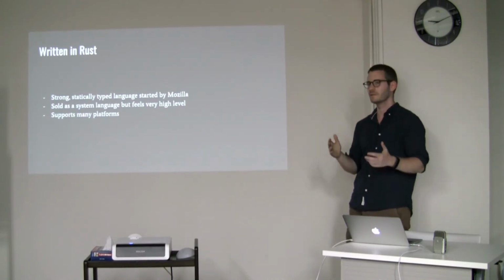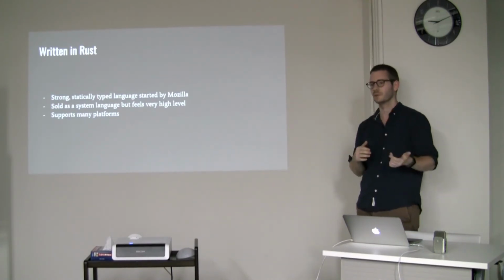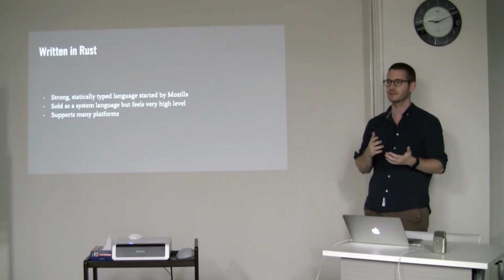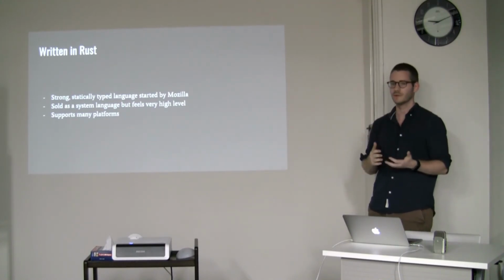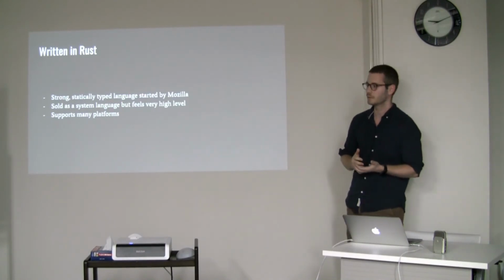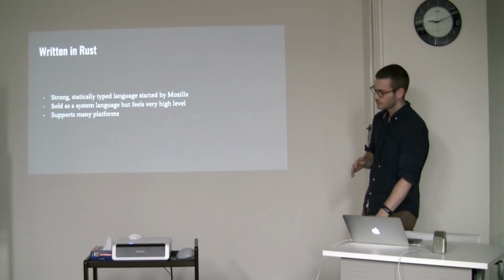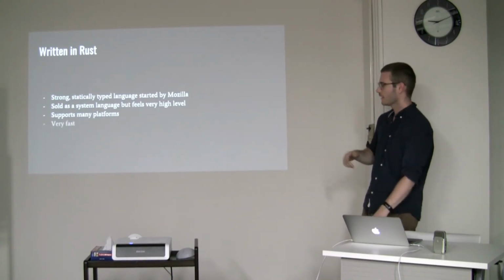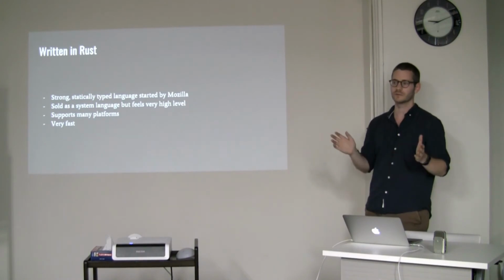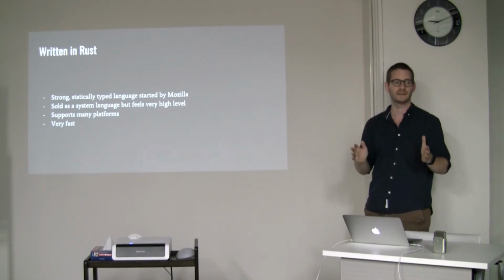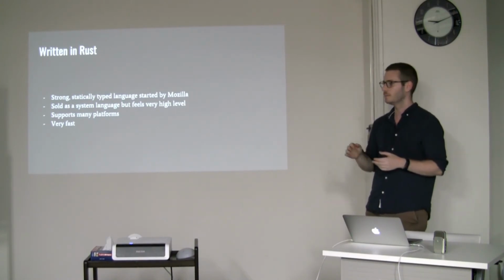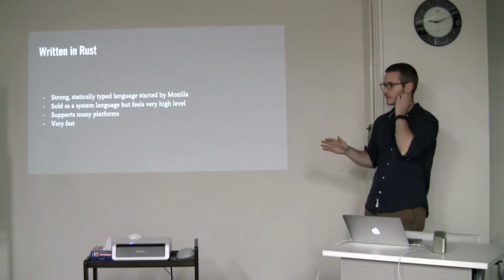By default they have a list of platforms they support, and Mac, Linux, Windows are always supported, but you can also compile for iOS, Android, some microcontrollers, so it's not limited to one OS, and you can do it that easily, as we will see later. And it's very fast. Even if you don't try to make it fast, it's still going to be beating all the code you're going to write in Python or Ruby or JavaScript without any trouble.